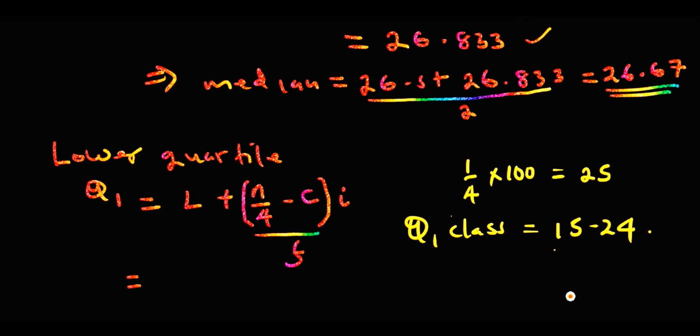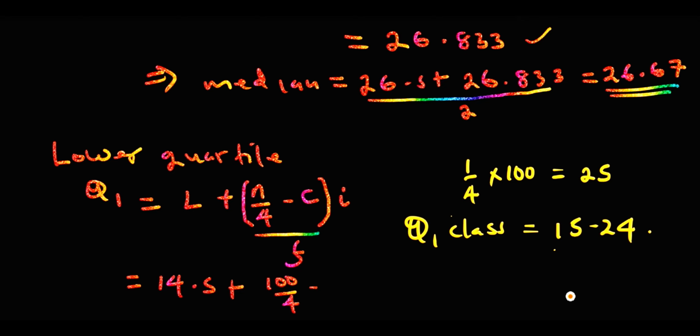So L is going to be 14.5 plus 100 over 4 minus C. And if we look keenly, we'll find that the C is the cumulative frequency just above the Q1 class.